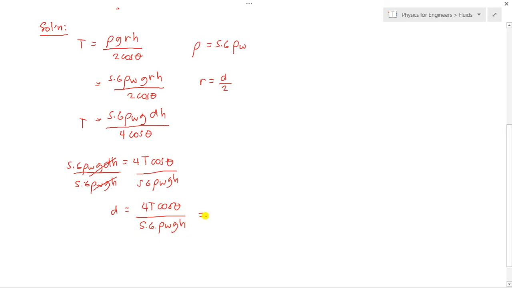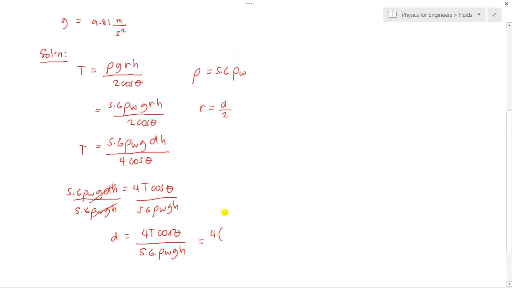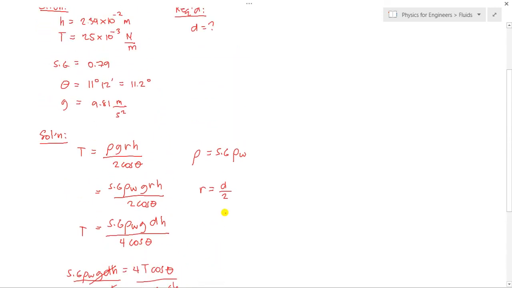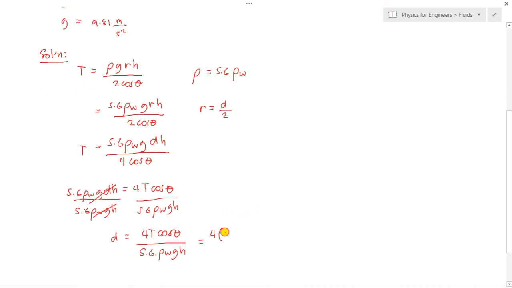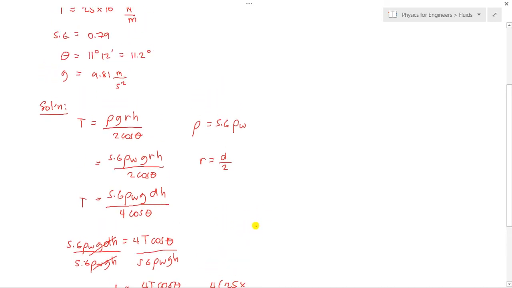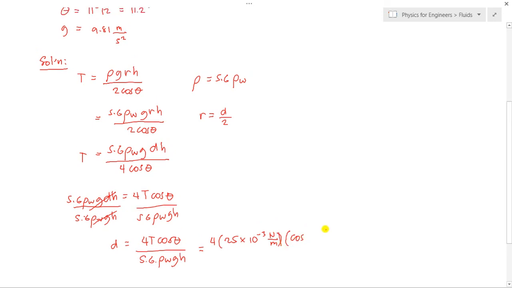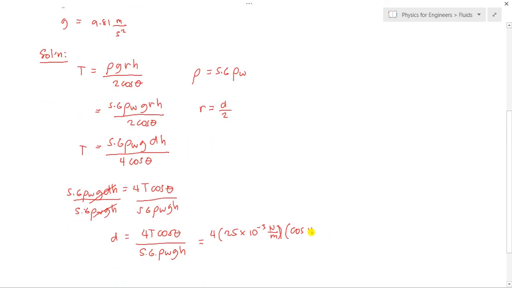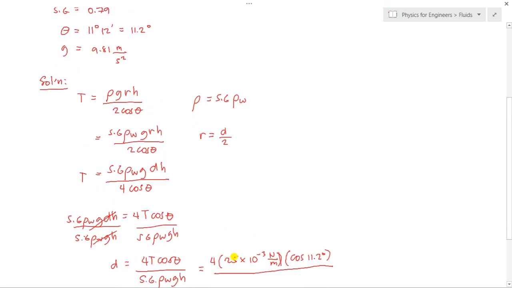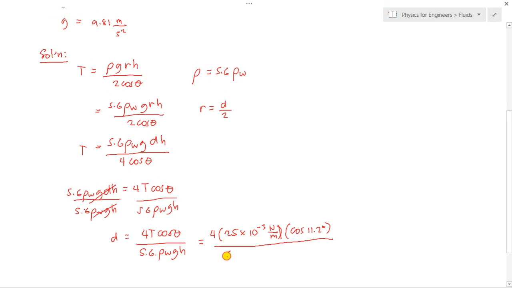Then, substitute the values. That is 4 multiplied by the surface tension, 25 times 10 to the power negative 3 Newton per meter, multiplied by the cosine of 11.2 degrees, divided by Sg, which is 0.79.